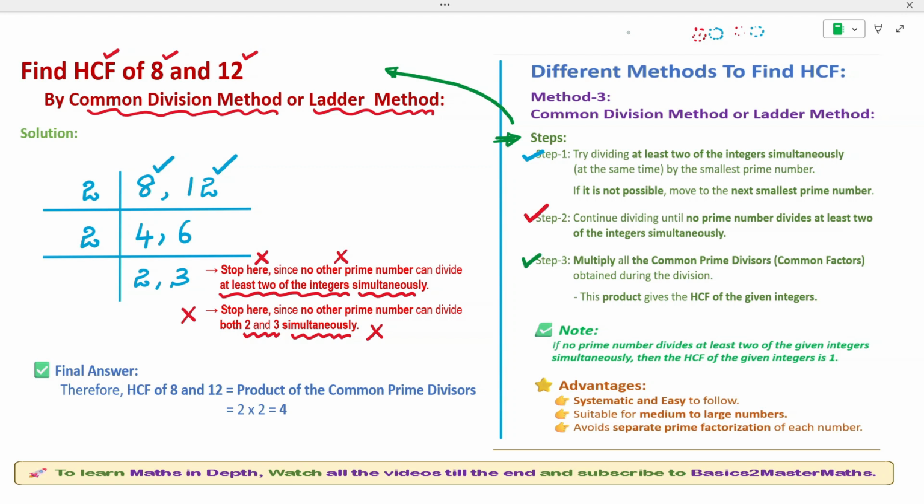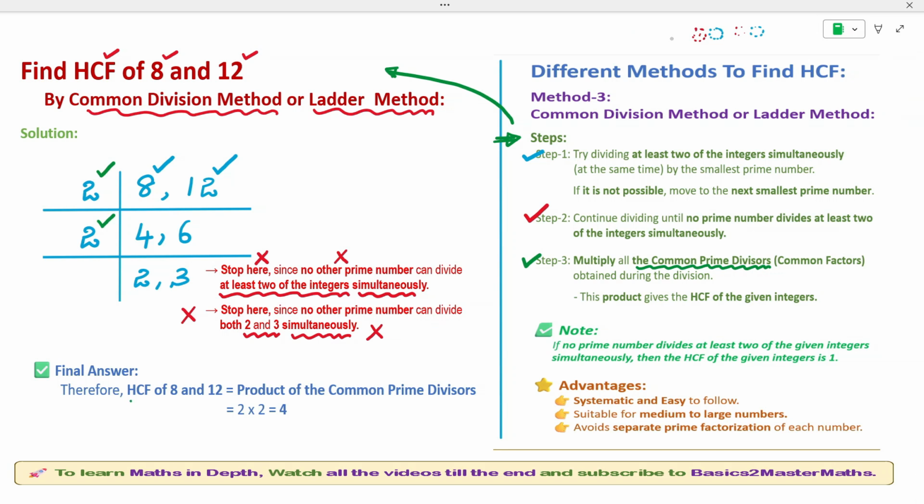Step 3. Multiply all the common prime divisors. In this case, they are 2 and 2.